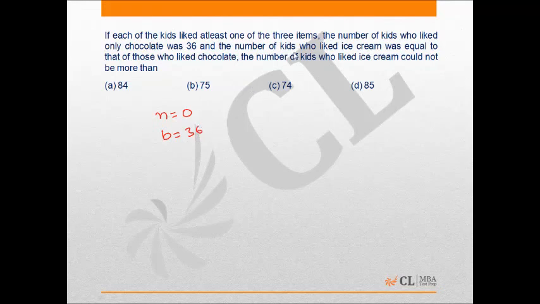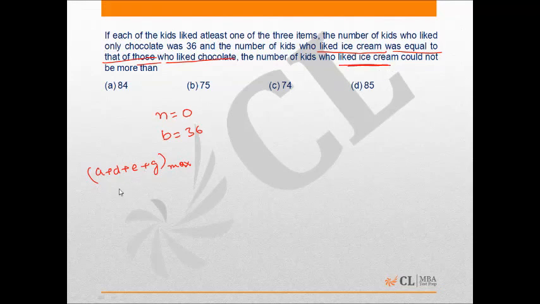The number of kids who liked ice cream was equal to that of those who liked chocolate. So I have to calculate the number of kids who liked ice cream could not be more than. So basically I have to calculate the maximum value of the kids who liked ice cream, right?